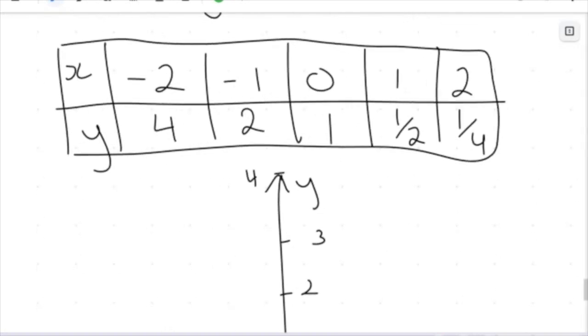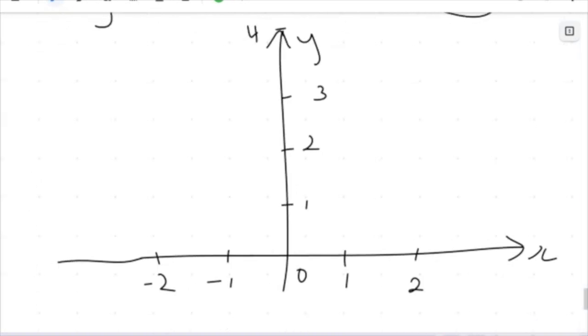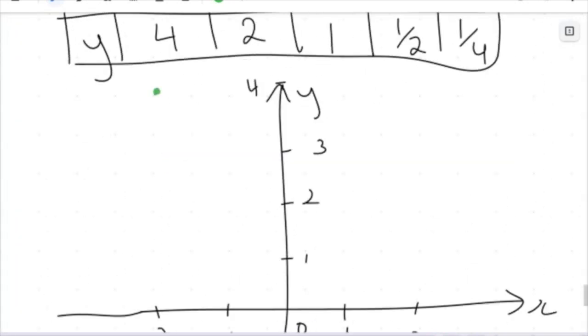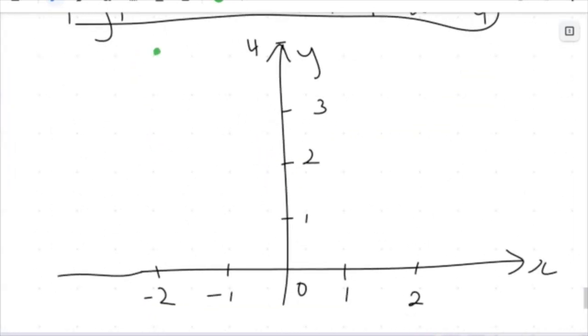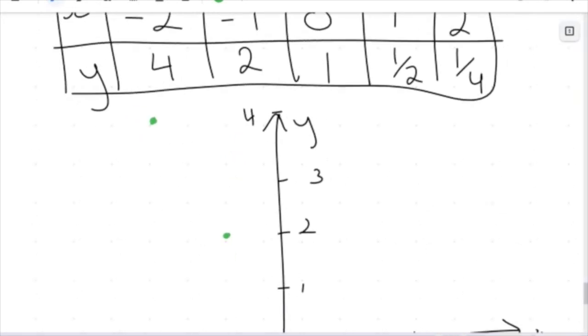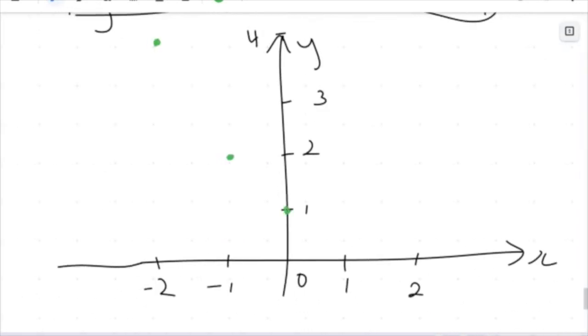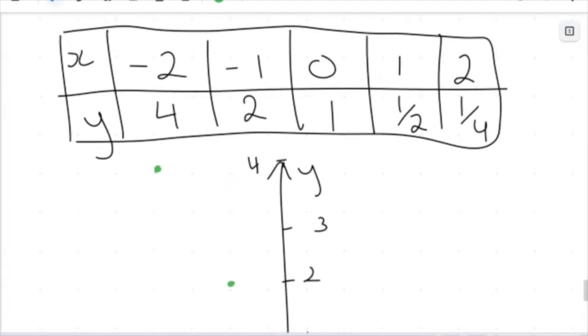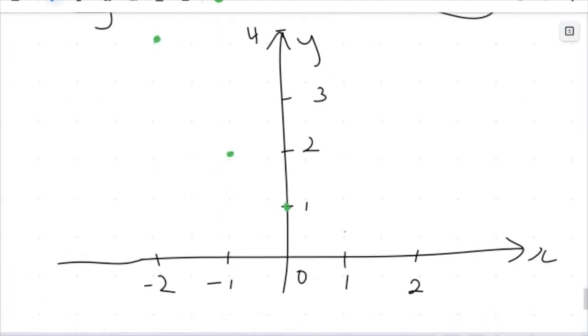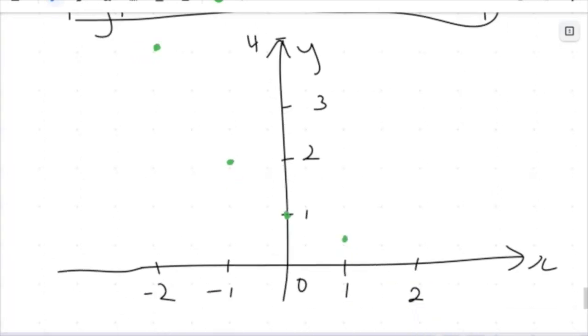When x is -2, y is 4. So that's like all the way up here. When x is -1, y is 2. So that's about here. When x is 0, y is going to be 1. When x is 1, y is 1/2. That's here. And when x is 2, y is 1/4. So that's like down here.